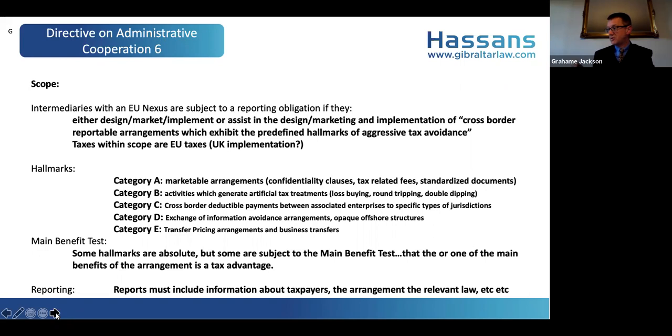But to add to that, they are not required to do any more due diligence than they are required to do for their regulatory regime and in order to fulfill the task that they are asked to do. So next slide, please, Harriet.